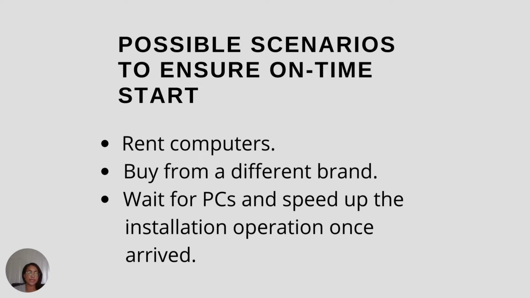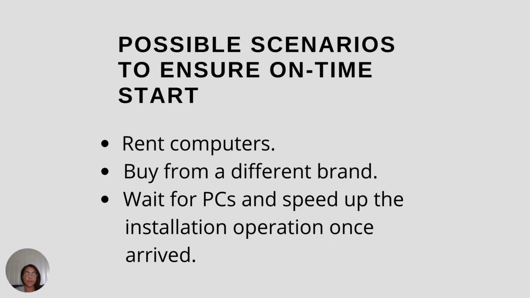The first option is rent computers. There are many companies out there that rent PCs and laptops to offices. So we can rent these computers to be ready for the deadline. And then once our main computers come in, we can set those up and give the rented computers back.